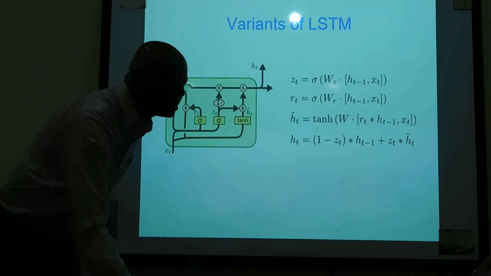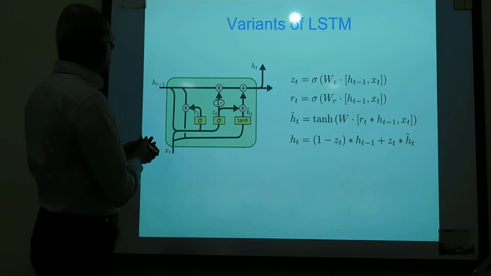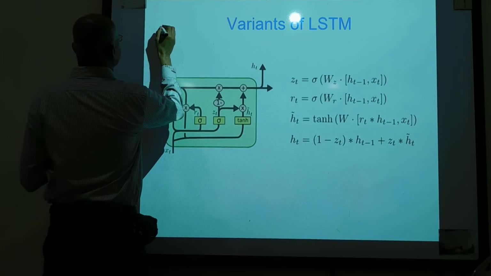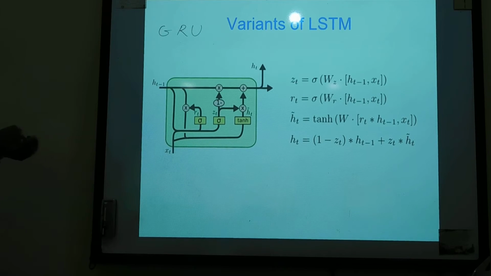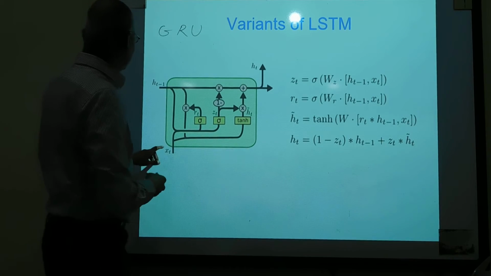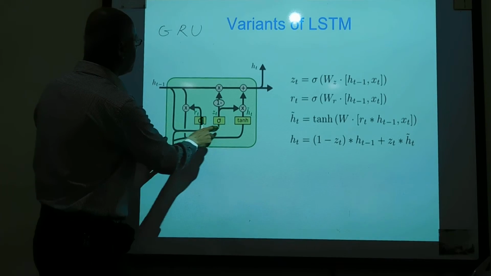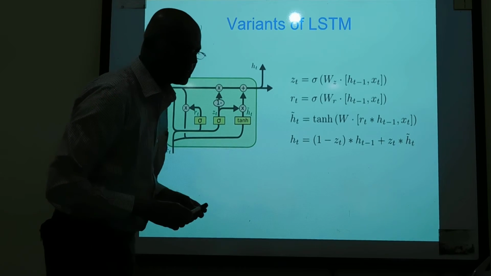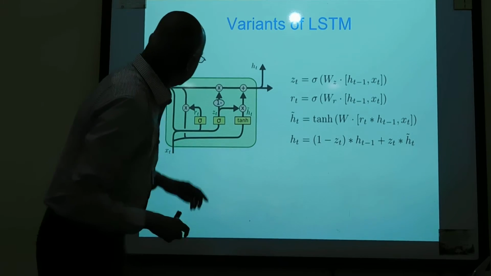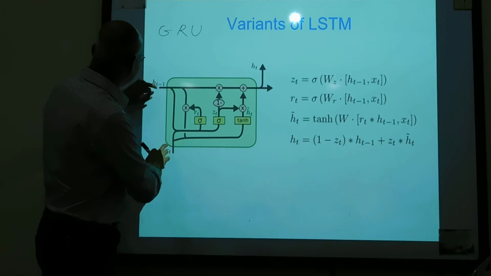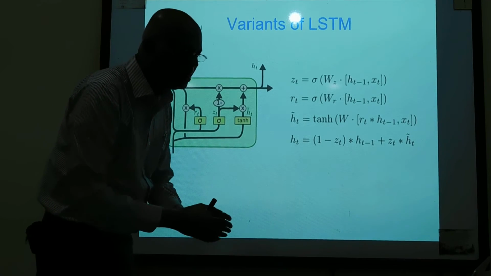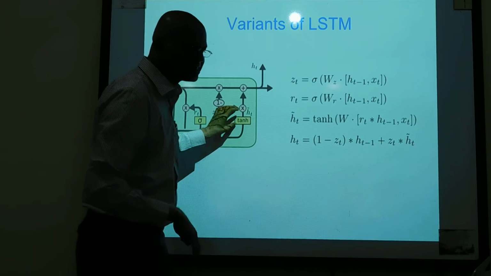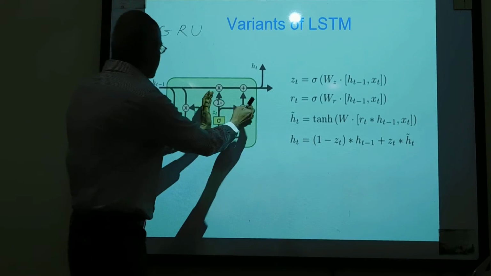The last one here is called the gated recurrent unit. So you see the number of connections has slightly increased. It combines the forget gate and input gates in some complicated manner, and it also merges the cell state and output gate in some manner.